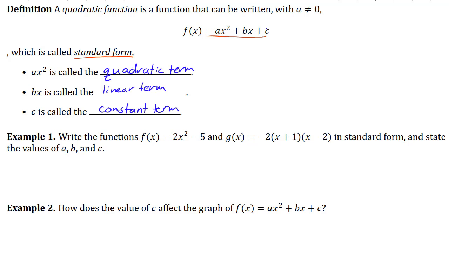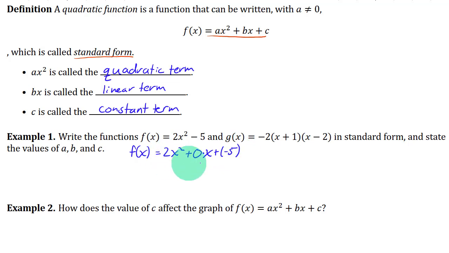So just as a quick example, let's write these precisely in standard form and state the values of a, b, and c. So f of x here is the same f of x as exercise 1 that you already did, by the way. f of x is 2x squared, so it already has the ax squared part, but then it doesn't have a bx, but you can still write it as 0 times x. 0 times x is the same thing as having nothing there. And then plus c is plus negative 5.